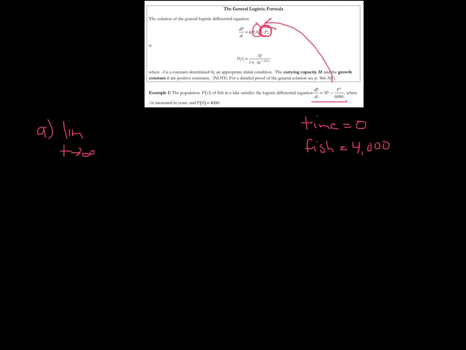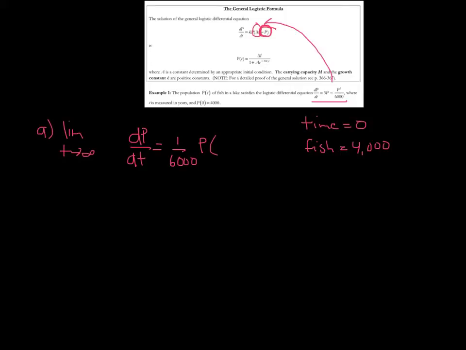So what we need to do is factor out a P over 6,000 here. Let's see if this makes sense to you. We're going to rewrite this as dP over dt equals, and we factor out a 1 over 6,000 P. Now, we have to do a little bit of math here.